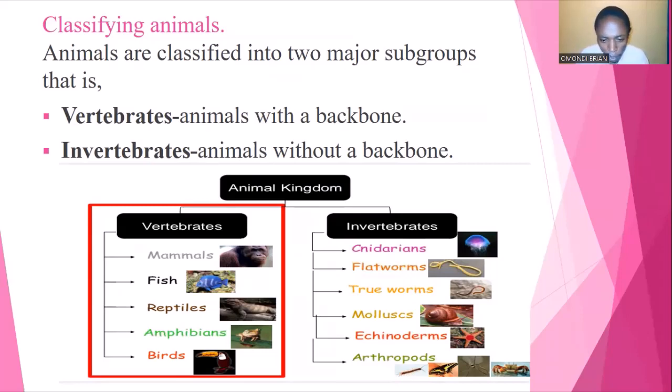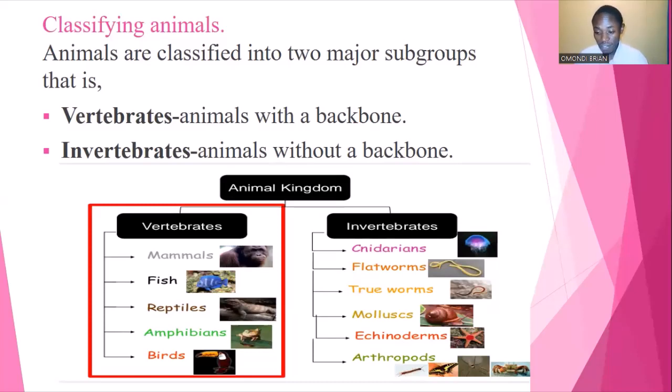So the vertebrates include the mammals. We have mammals, fish, reptiles, amphibians, and birds. And the examples of invertebrates, animals without backbones, include cnidarians, flatworms, true worms, and mollusks.